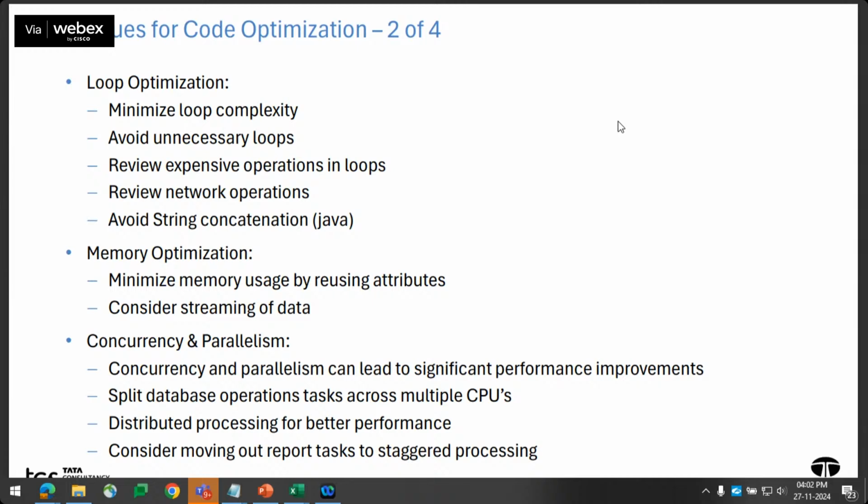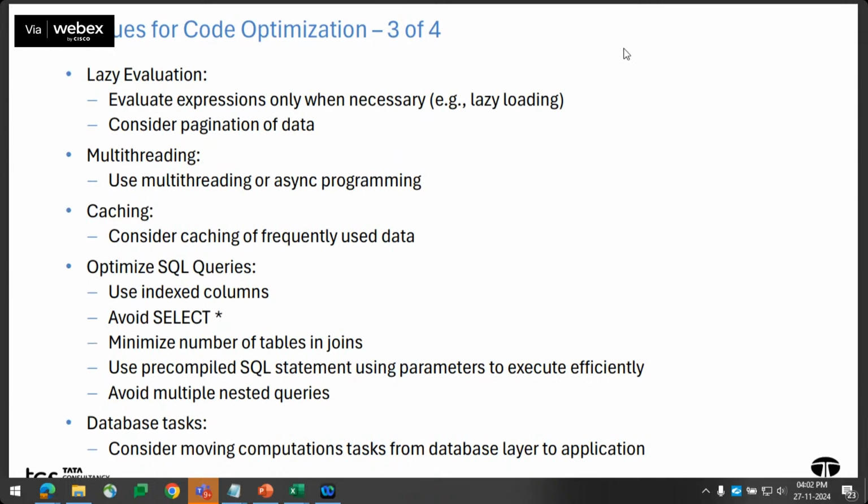So yeah, we could do that. Then we can do lazy loading of the data. Then for the UI application, we could do pagination. Then caching is one very important aspect in all these applications, because many times the same data is requested again and again.